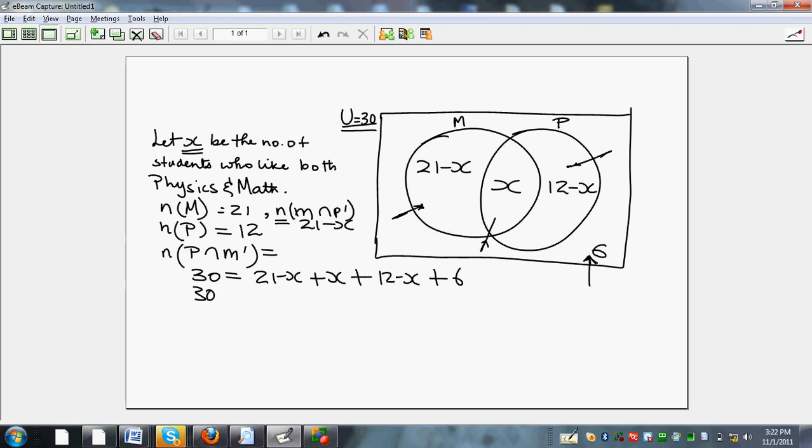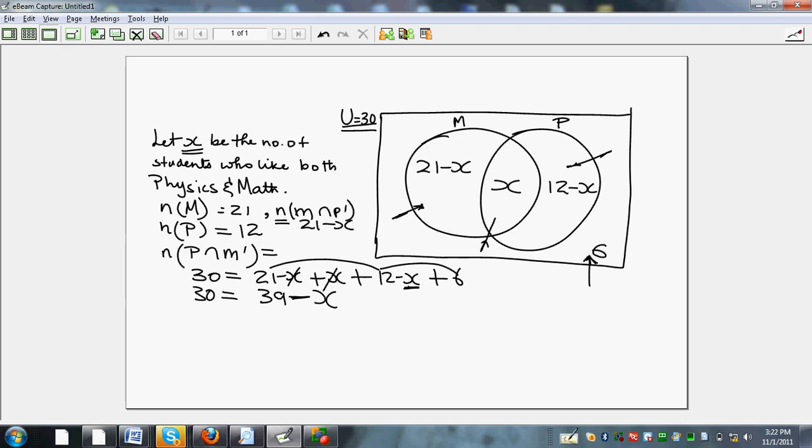You say 30 will be equal to, you could take the numbers and add them. So you could take the 21, add the 12, and add the 6. If you add 21, 12, and 6, you should get 39. Then you look at the x's. Now minus x will cancel out with plus x, and all you'll have is this minus x remaining. So we'll have 39 minus x on the right hand side.